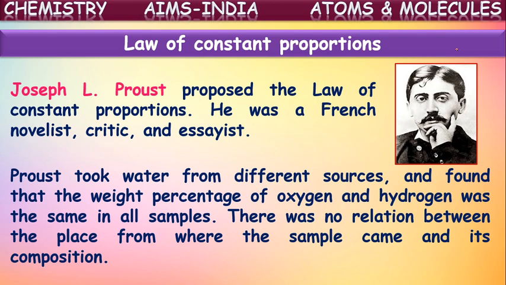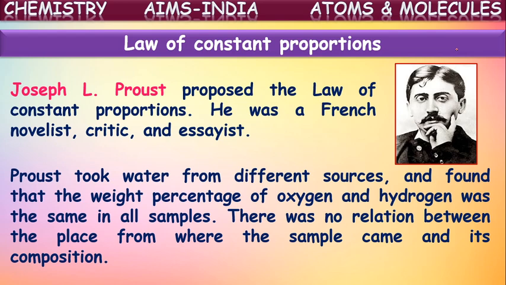There was no relation between the place from where the sample came and its composition. So, from wherever you take a chemical substance, the chemical composition of the elements in it will be constant. From wherever you take and however you prepare the chemical substance, the composition ratio will always be fixed.